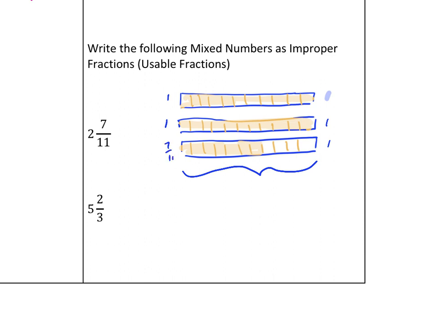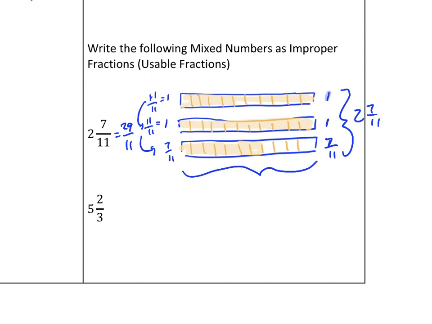And this is 7/11ths. And so 1 would be the same thing as 11/11ths. So each one of these is 11/11ths, right? So if this is 1 and this is 1 and this is 7/11ths, then this whole thing is 2 and 7/11ths. But we can also say that it's 11/11ths plus 11/11ths plus 7/11ths, which is 29/11ths.